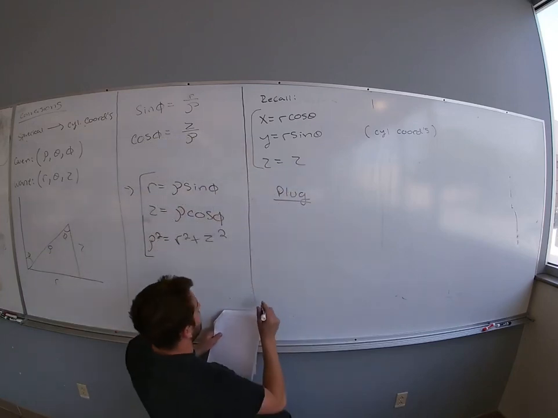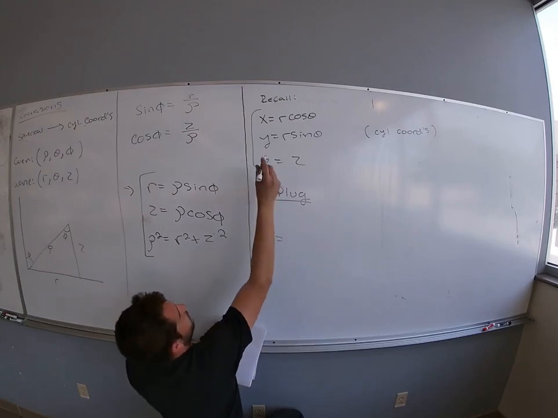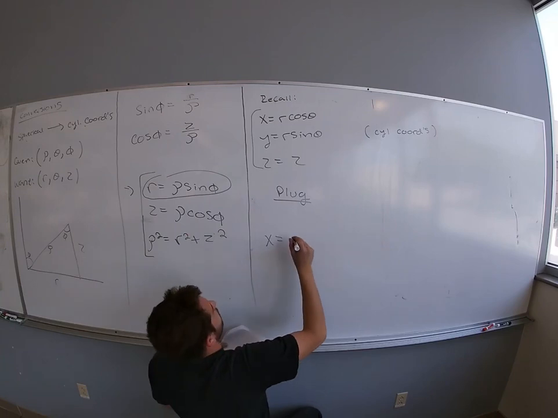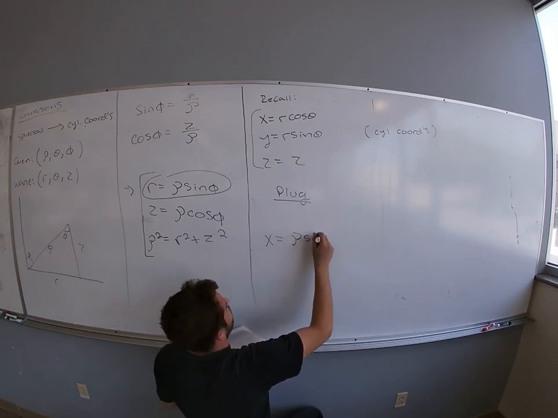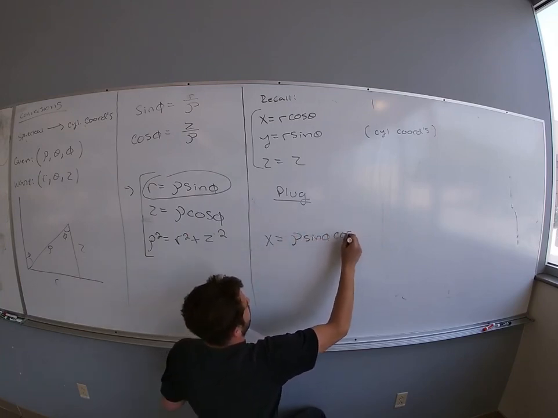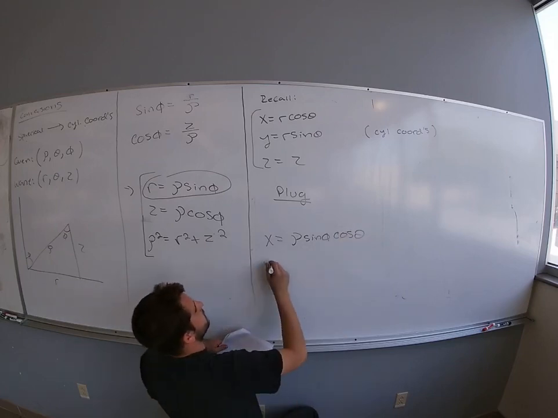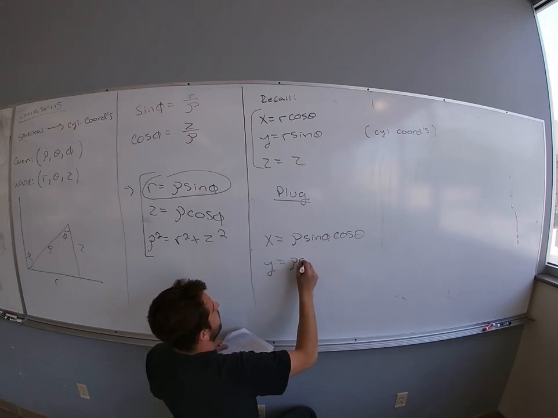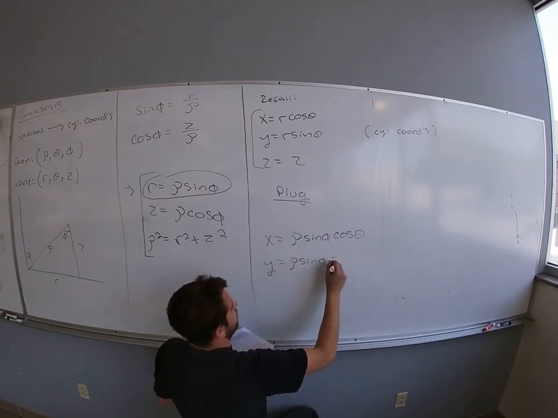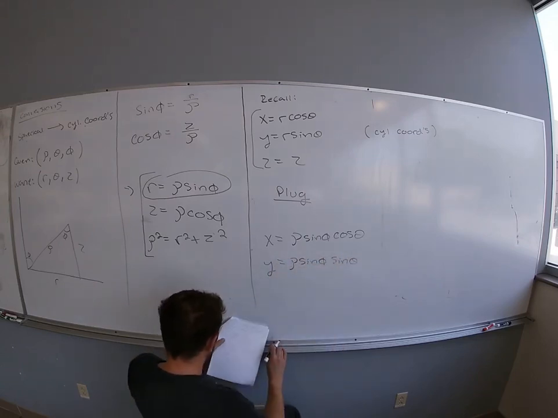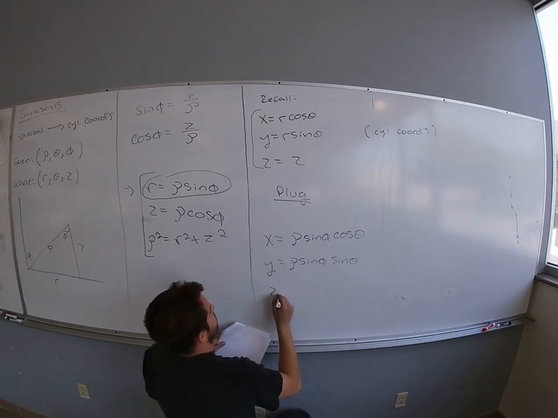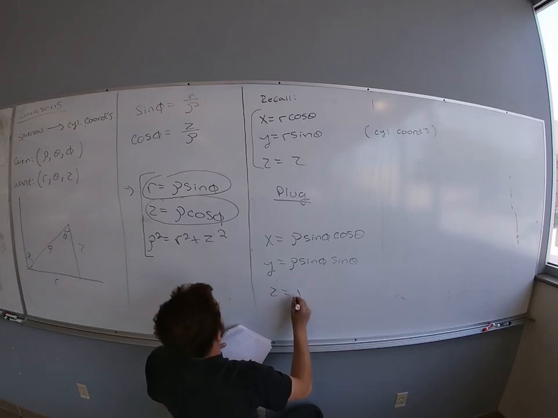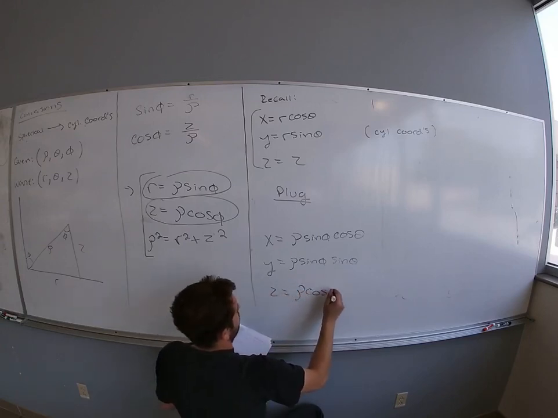What do I get? x is, if x is r cosine of theta, and r is this, then I just plug that in: rho sine of phi, cosine of theta, okay? Similarly, y, if that's r sine of theta, and r is right there, rho sine of phi, sine of theta. And what is z? Well, z is just z here, but I actually know what z is in spherical coordinates, which is rho cosine of phi.